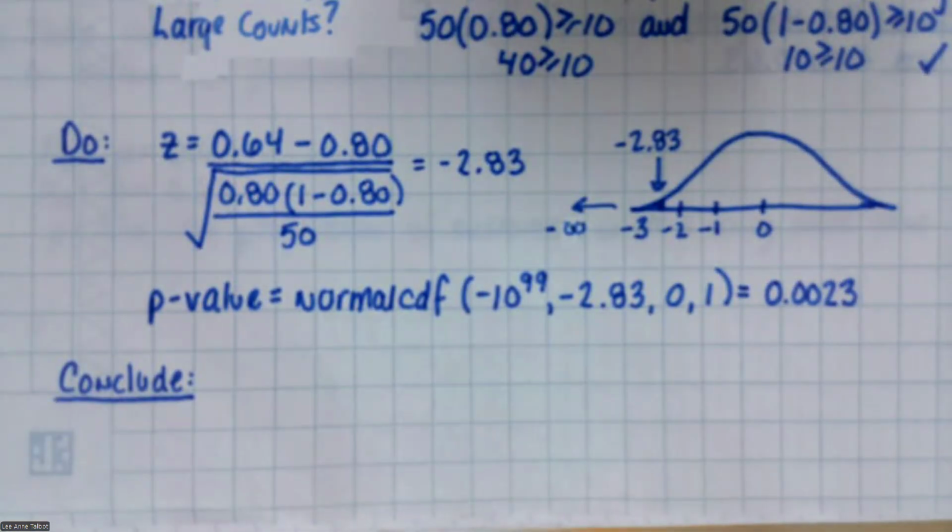Okay, now if anyone has a different color, if you don't, it's totally fine too. Alpha is 5%, correct? Okay, so according to my percentiles here, where would alpha be, between what two z-scores? -2 and -1, probably a lot closer to the -2.